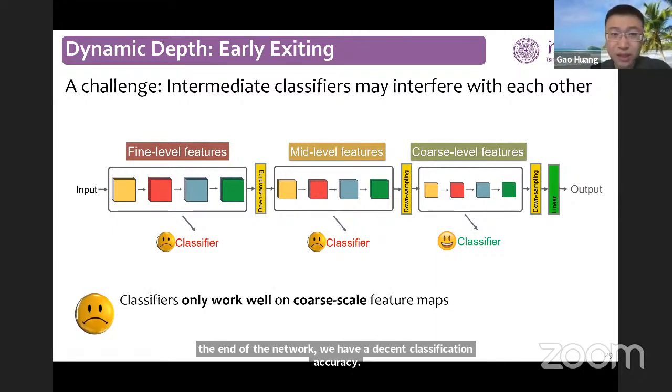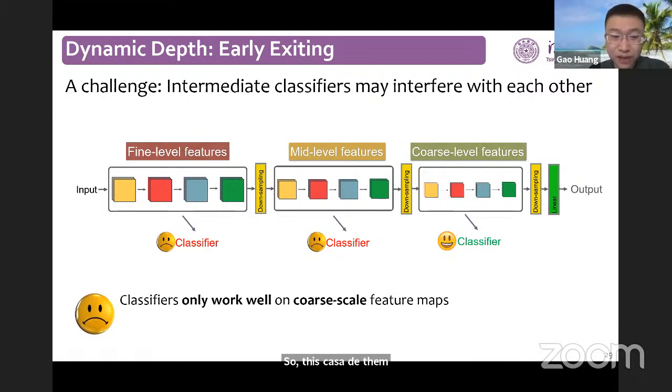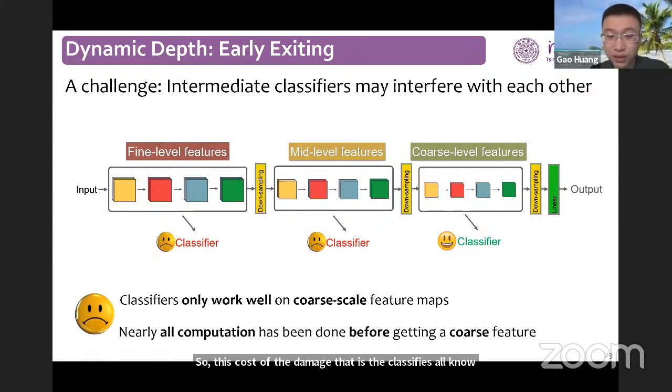So this causes a dilemma. The classifiers only work on these coarse level features, and if we attach all the intermediate classifiers to those coarse level features, then we can't actually save much computation, because when we get to the first classifier, the computation has already been used. Okay, and if we attach the classifiers on top of the earlier, fine level features, then the accuracies are unacceptable.